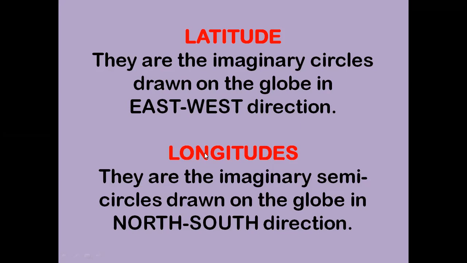The second, longitudes. They are the imaginary semicircles drawn on the globe in north-south direction. So these are the two images we saw in the first two slides. They describe the latitudes and longitudes. And these two play a major role in finding out the location and time of a place on the entire globe.